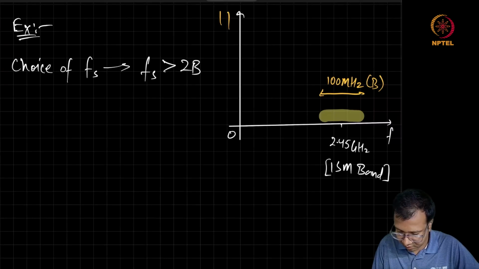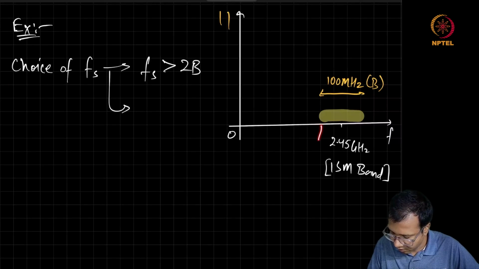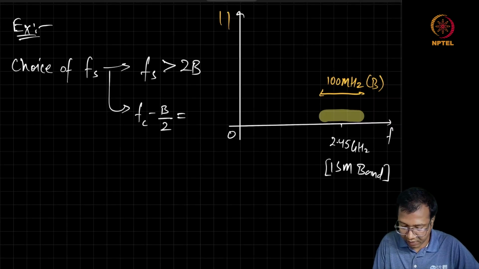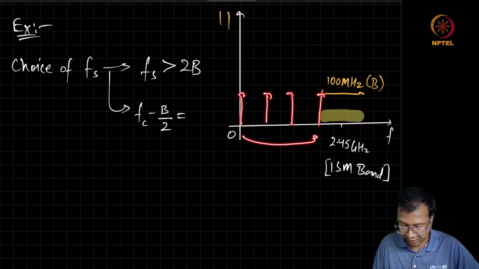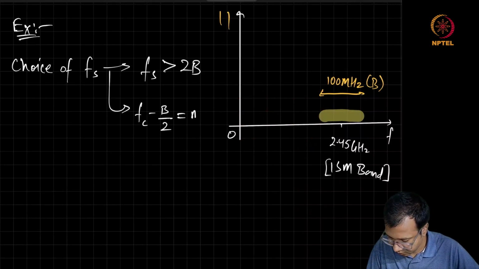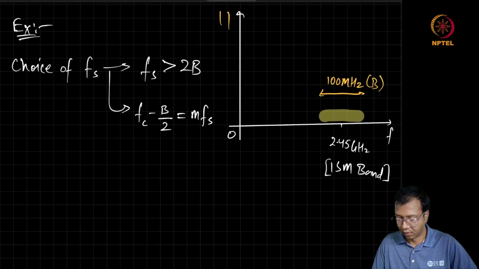For the second criterion, we can choose Fs such that this frequency, which is Fc minus b by 2, is equal to some integer multiple of Fs. And we can get multiple choices of Fs which follow these two criteria.